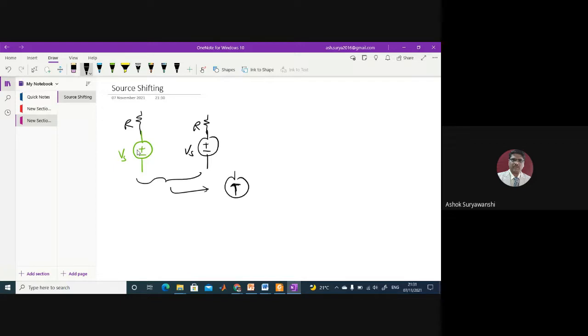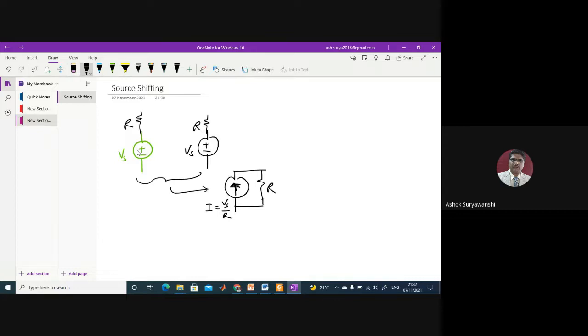As the polarity of the voltage source is plus on the upper side and minus on the lower side, the current direction will be upward, right? Because current flows from higher potential to lower potential. And the value of this current source I will be equal to what? Vs by R. And this resistance R, which is in series with the voltage source, will come across this current source. So this is possible.